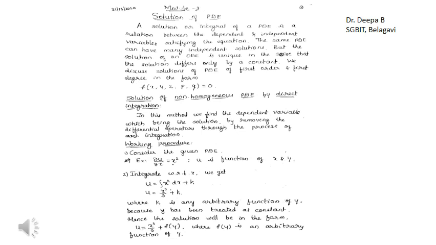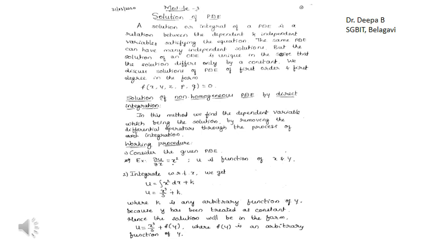u is a function of x and y, and u is called the dependent variable. Finding the solution of this PDE means our answer should be u equal to some function of x and y. First step is to take the given equation, the given PDE.